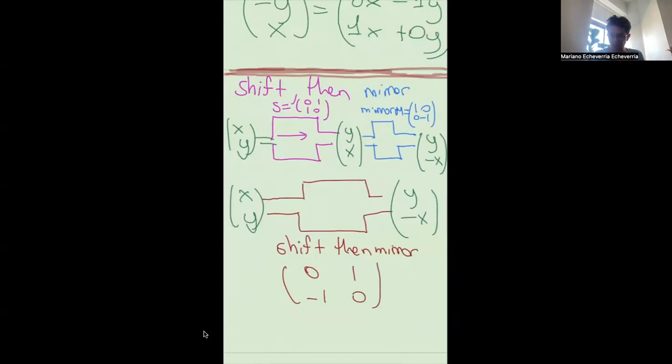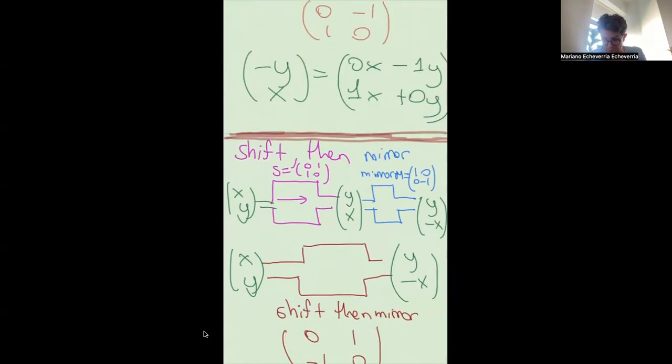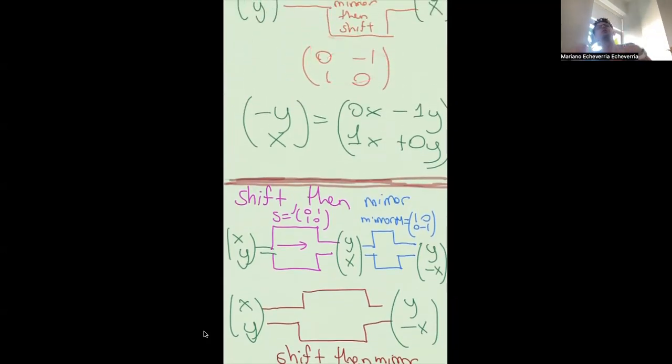Perfect, yeah, because of the same trick as usual. I should write it just in case: 0x plus 1y, and then minus 1x plus 0y, right? But if you see the matrix, this matrix is really different from, I mean, it's not too different.